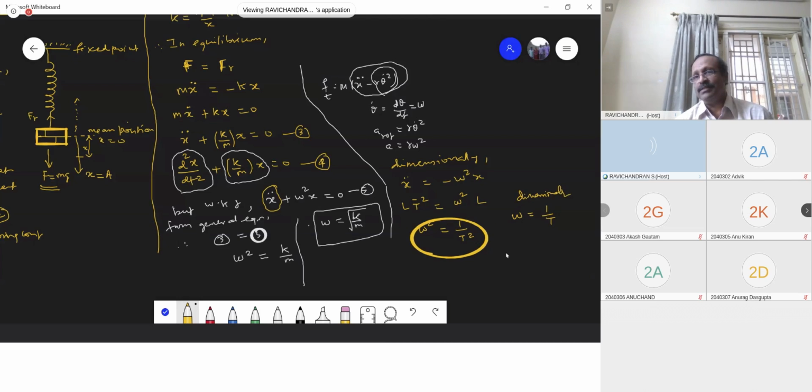Later, I will show you that omega is equal to 2 pi by T, in radians per second, so it is coming perfectly. This is the dimensional equation. Therefore, k by m should also be 1 by T square. Remember that. From there also you can calculate; that part you will see later. Tell me whether you have understood this, then we'll go to the next part.